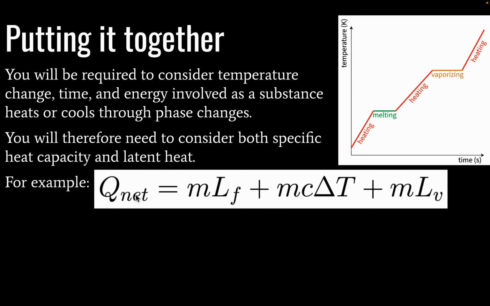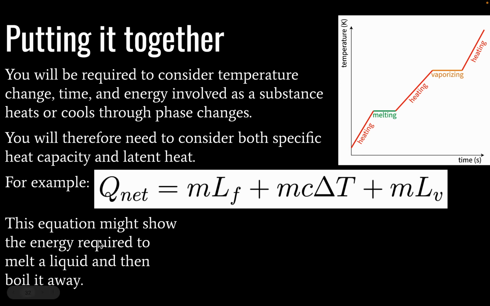So here's an example equation. Here we have mass times the latent heat of fusion plus mass times specific heat capacity times change in temperature, and we have mass times the latent heat of vaporization. So this is the energy involved in melting a liquid and then boiling it away over a period of time.